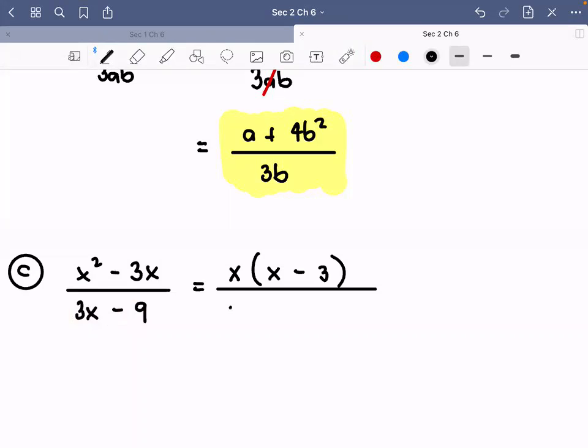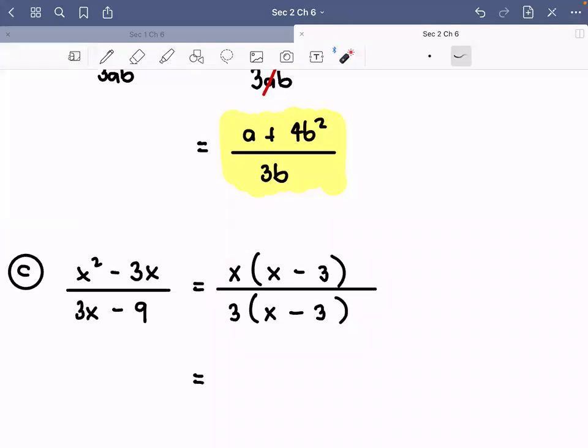So 3 is your common factor for your denominator. 3x divided by 3 is just x, and minus 9 divided by 3 is minus 3. So what do you notice, class? What can we cancel here?